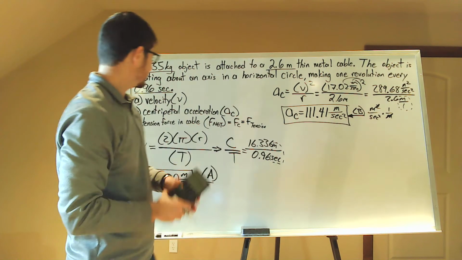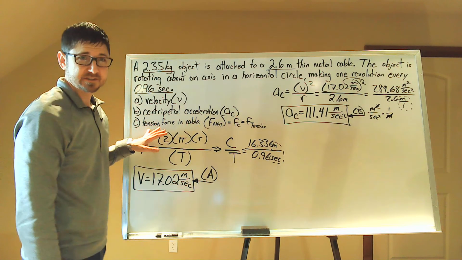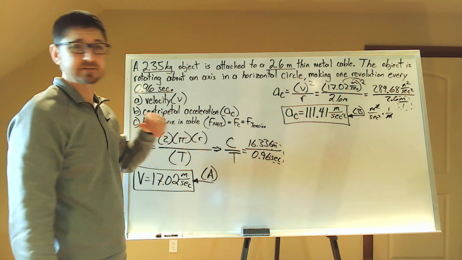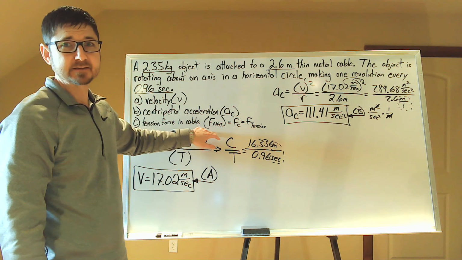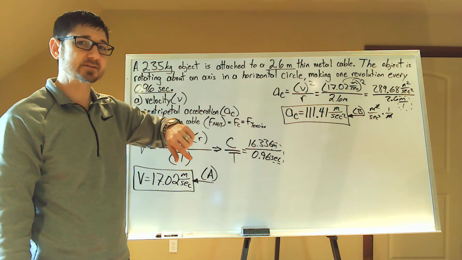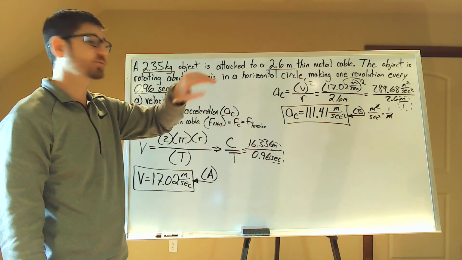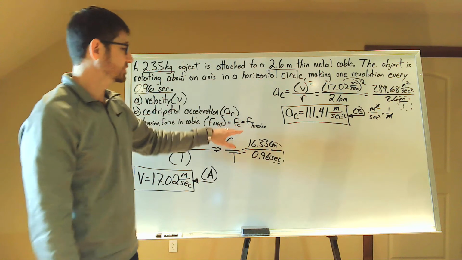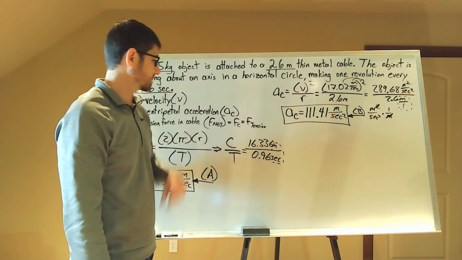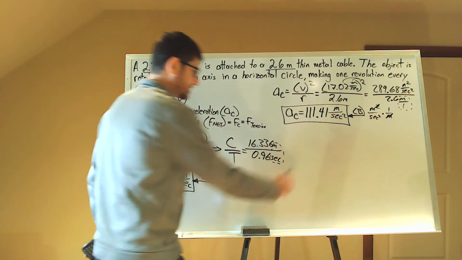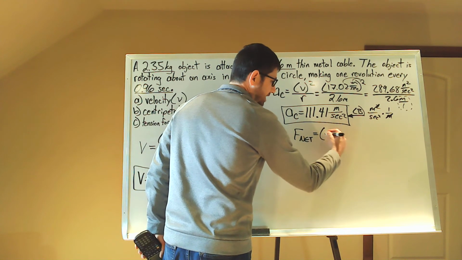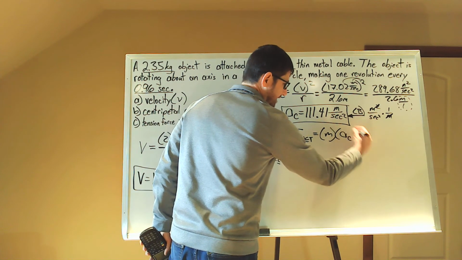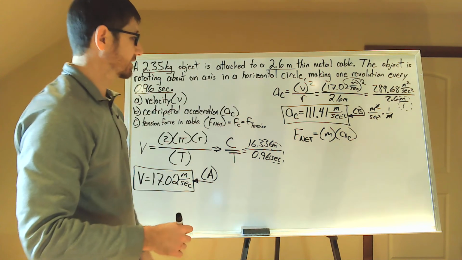Okay, on part C, it wants us to calculate the tension force in the cable, which is the net force applied to the object, which is going to cause the object to continuously turn in to the center of the circle. So, net force is equal to the product of the object's mass and the object's centripetal acceleration.